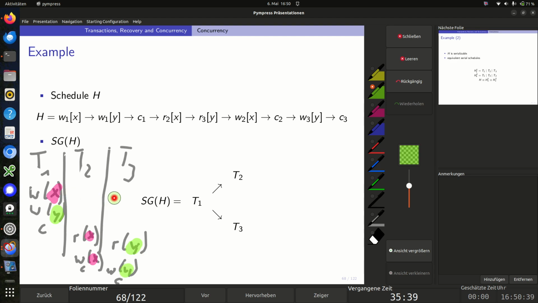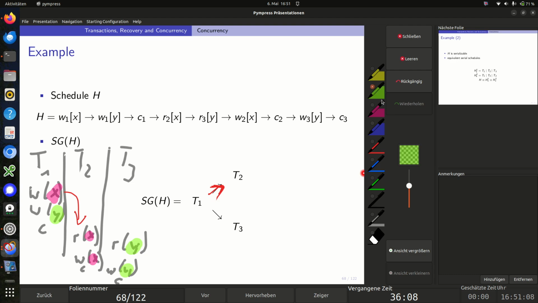Now I write down all my transactions, T1, T2, T3, and then I can add the arrows. The first dependency: T1 must come before T2, because the write of X must occur before transaction 2 reads it. So this is the first arrow, the red one.